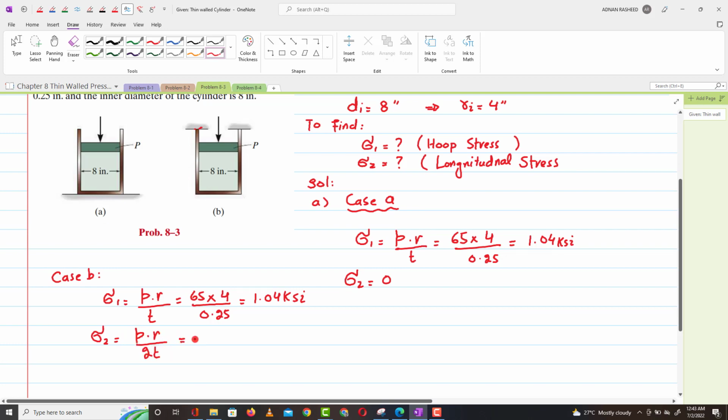So 65 into 4 divided by 2 into 0.25, and that will be equal to 520 psi. Or you can simply take that longitudinal stress is equal to half of hoop stress, so half of 1.04 ksi will be equal to 520 psi.